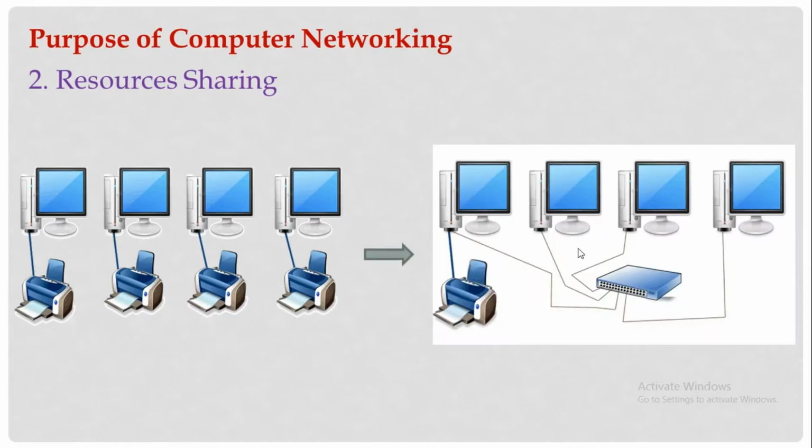But with the existence of computer networks, if you have to take a print job from any of the 4 systems, you can connect all these 4 systems to a switch or hub, and from any one of the systems you can connect a printer, which means that all the 4 systems are connected to a single network, and from this network the printer is shared, so that you can take a print job from any of the 4 systems.